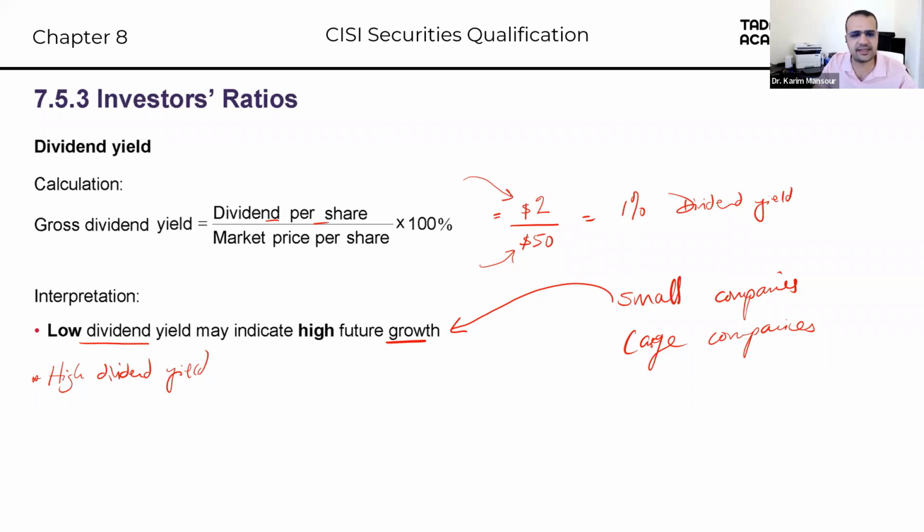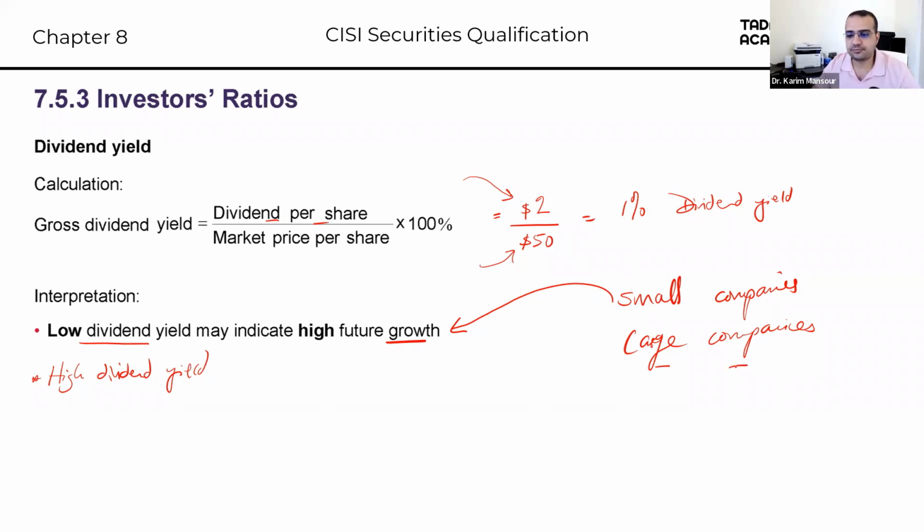Very rarely would you find an investor in a small company who would say, hey, give me dividend. He would say, no, don't give me dividend now. Whatever profit you've generated, put it back into the company. Expand. New warehouses, new offices. And because that cash is used for expansion, it's not distributed. So the dividend yield drops. There is barely any dividend.